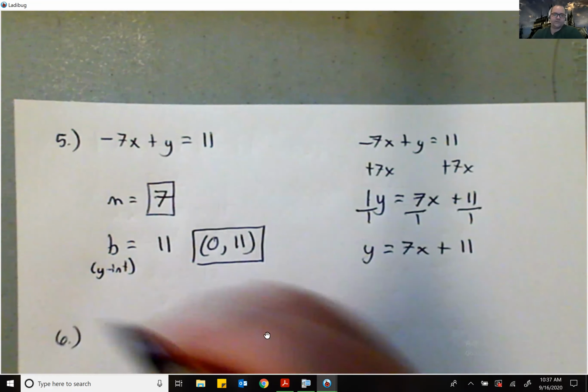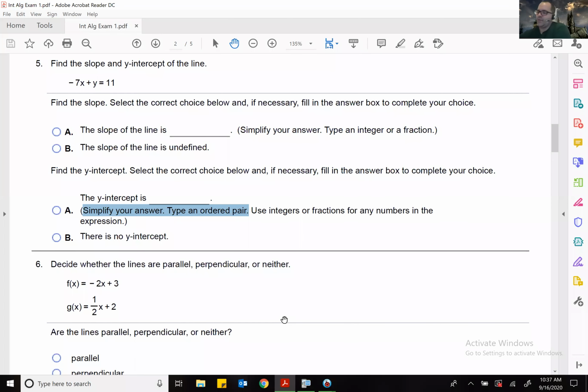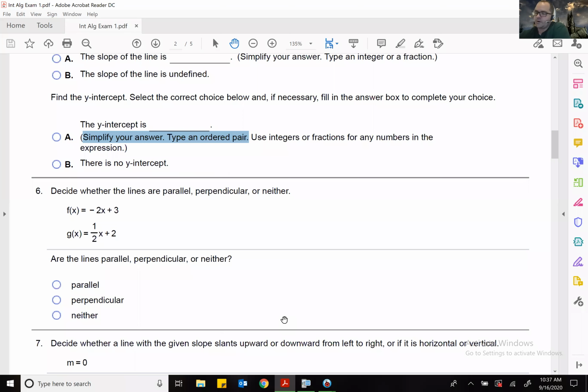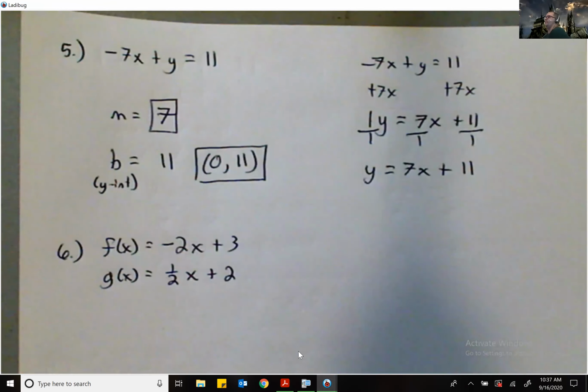All right. Question 6. They want to know, are these lines parallel or perpendicular, or neither? How do we determine if lines are parallel, perpendicular, or neither? What information do we need?